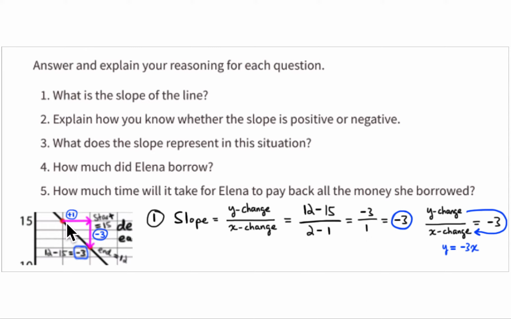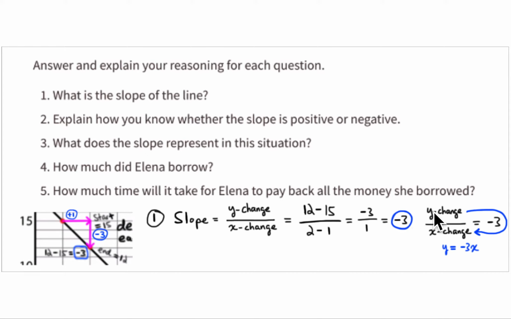Along the x-axis, it starts at 1 and ends at 2. So you subtract where it started from where it ended. So it ended at 2, started at 1. 2 minus 1 is 1. That's 1 week. So -3 divided by 1 equals -3.